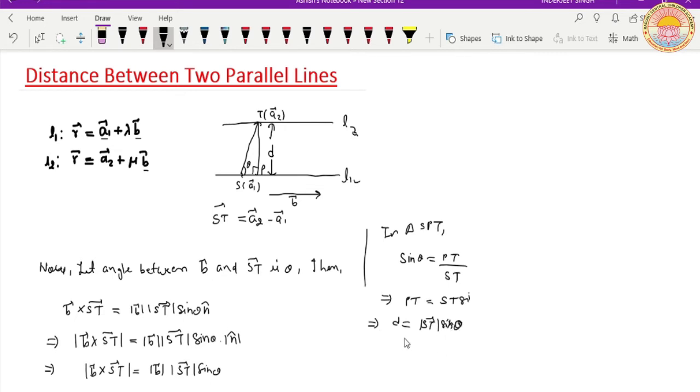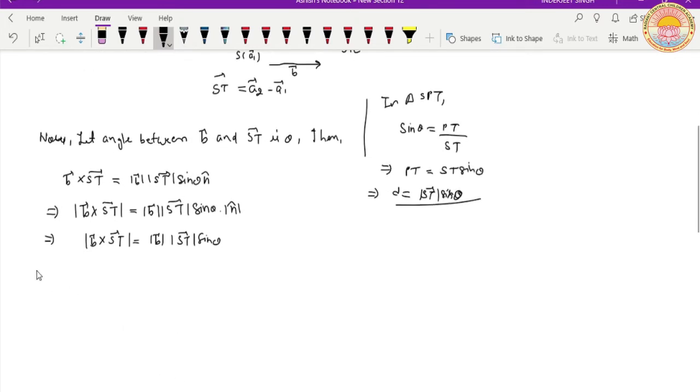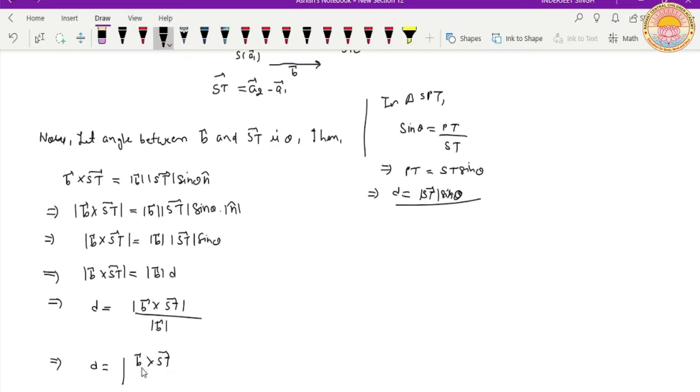So we can replace magnitude of vector ST sin theta by D. So now we will get magnitude of vector B cross vector ST is equal to magnitude of vector B into D, which implies that D is equal to magnitude of vector B cross vector ST upon magnitude of vector B. Clear?